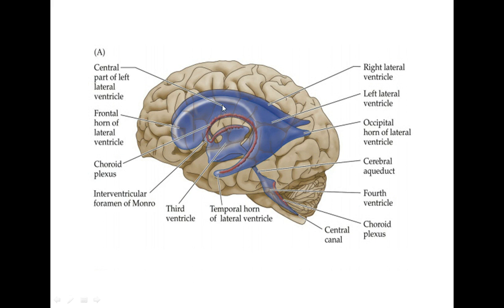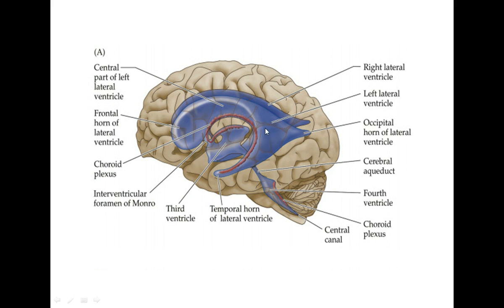The central part, this is the body, which is located in the parietal lobe, from which three extensions are given off, one each in the frontal, occipital and temporal lobe, called the anterior horn, posterior horn and inferior horn.